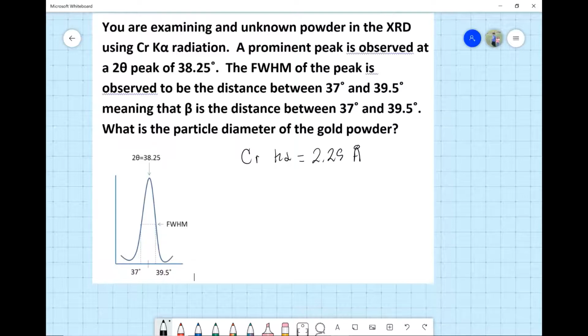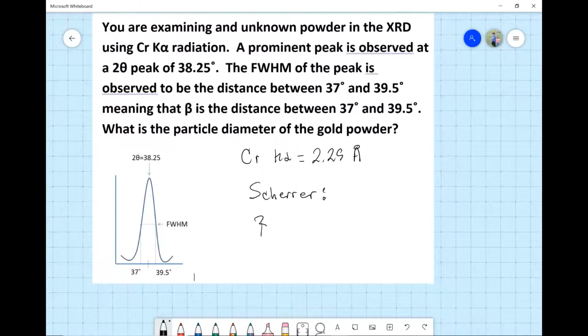So we want to figure out beta now. It's actually good engineering practice to write the equation that we're going to use, so let me stop right there and do that first. We're solving this using Scherrer's equation.